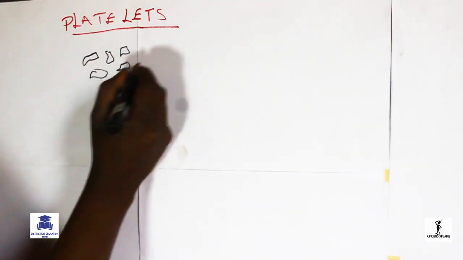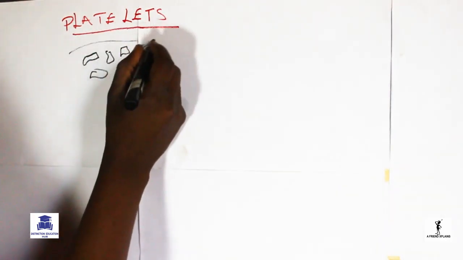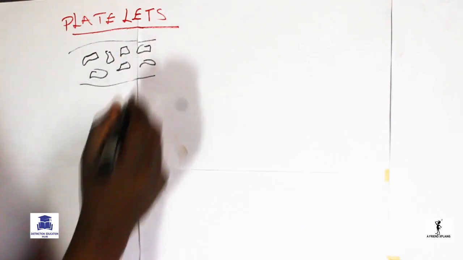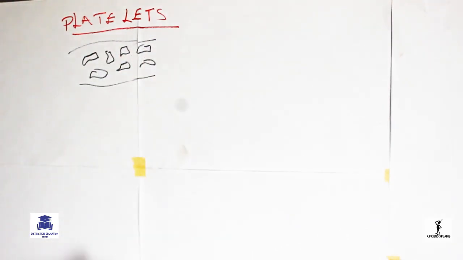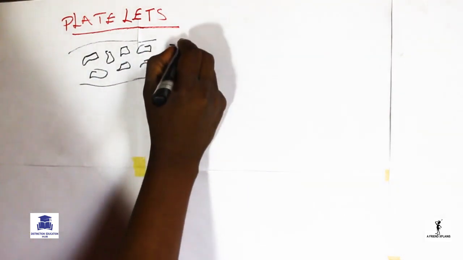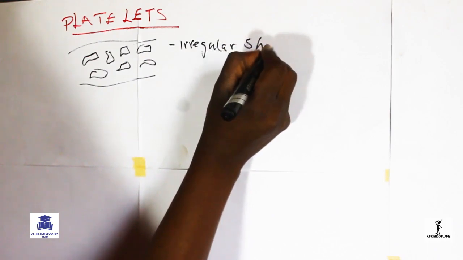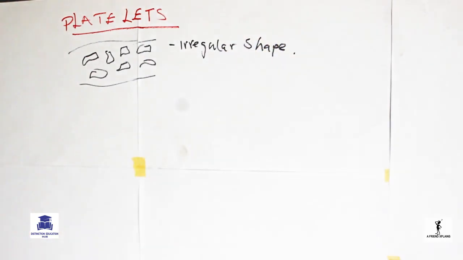They don't have a well-defined shape. Their structure, their shape, is irregular. That's one thing that you need to note.